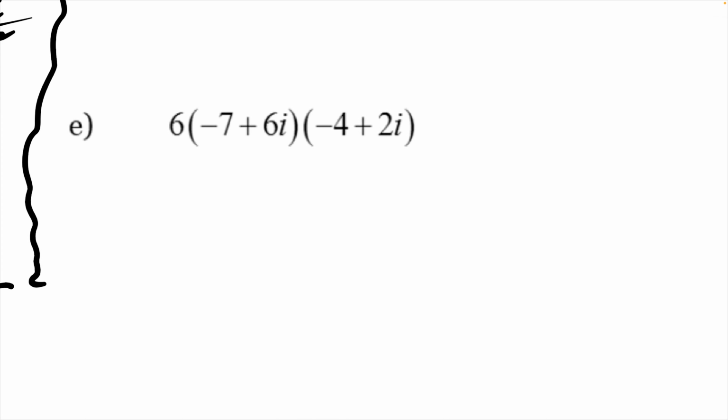How would we do E? Distribute first. So I distribute only to the first one, not to both, just to the first one.